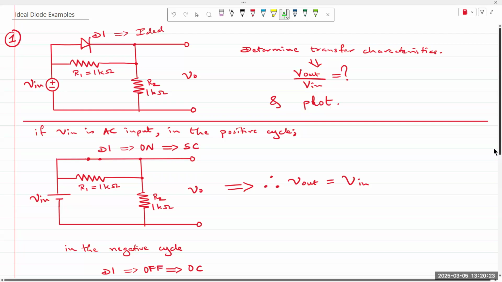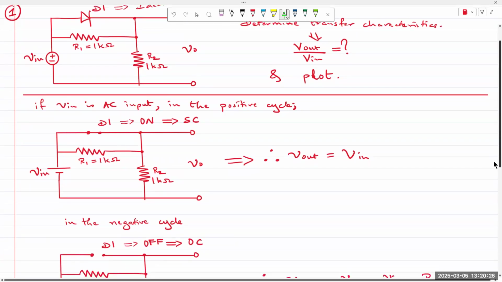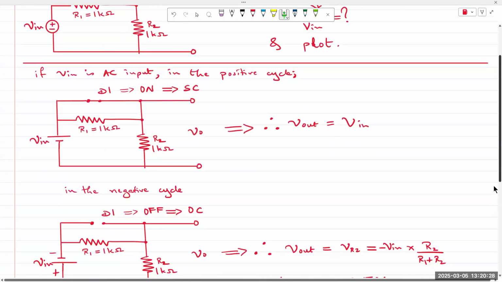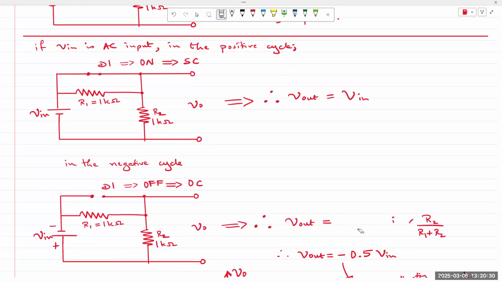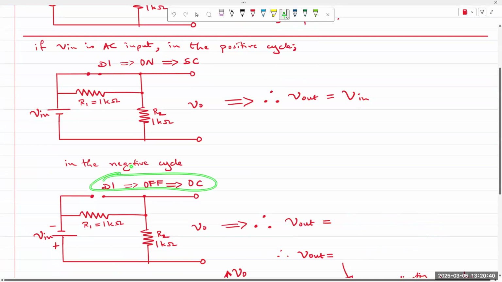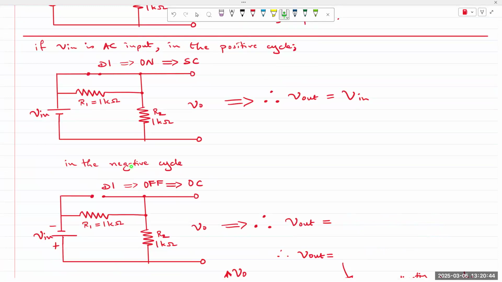All right, so now let's look at the negative half cycle. In the negative half cycle, the anode is lower than the cathode, so diode D1 is off.